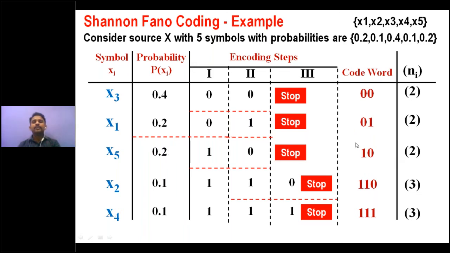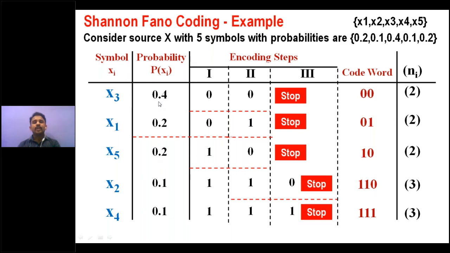So that is why this is taken as a very important condition in Shannon-Fano coding, that the stopping of the symbols should be with respect to probability. A high probability symbol should stop first, a low probability symbol should stop last. And the number of code word bits, n i, should be increasing.